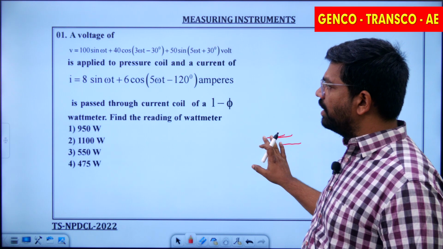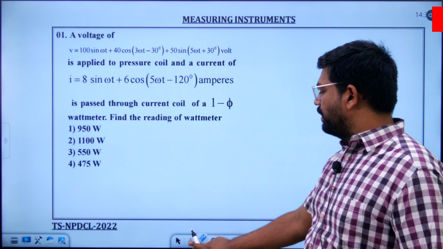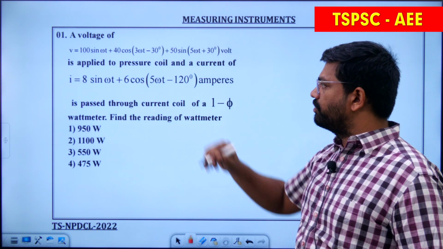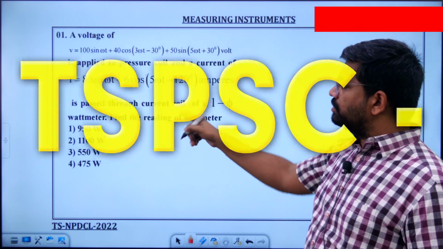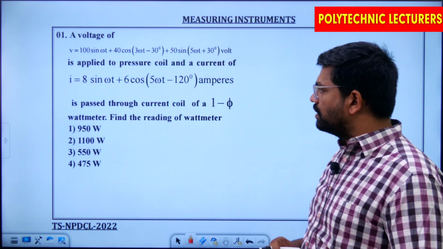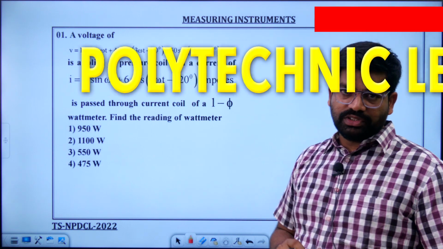If you look at the current, it also has a fundamental as well as a fifth harmonic component. Now when it is passed through the pressure coil and the current coil circuit respectively, what will be the reading of the wattmeter? That is the question here.